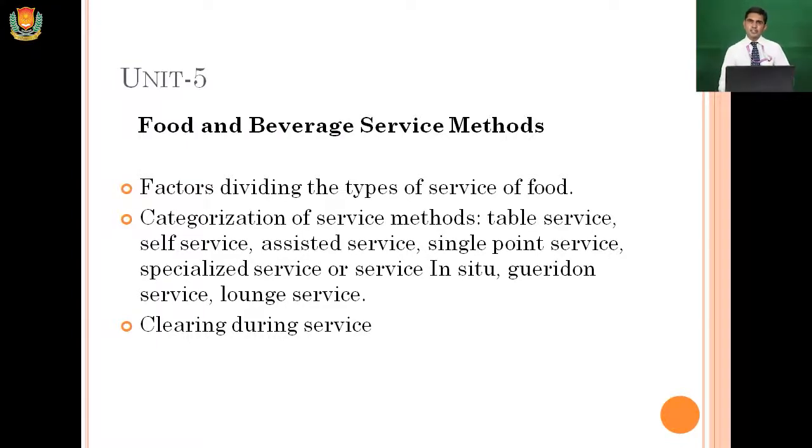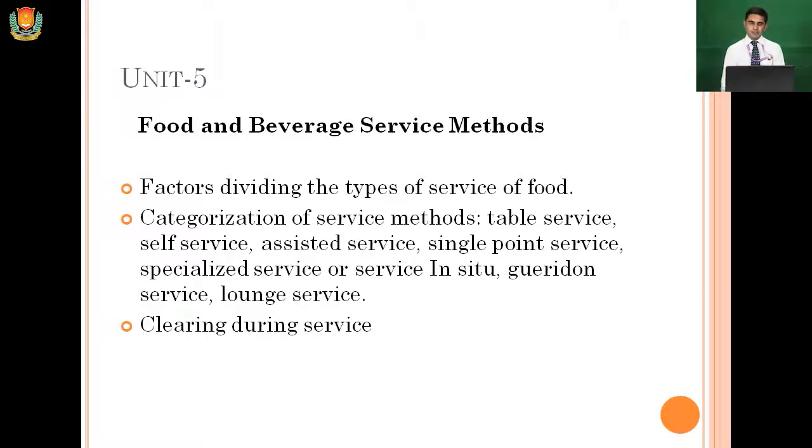How you are doing the clearance, because it is also a process. How you have to carry a plate, or how you can stack your cutleries. Each and everything in practical and in theoretical part will be covered. So this is the whole first semester syllabus we are going to cover.